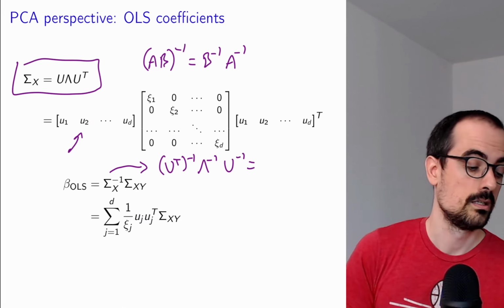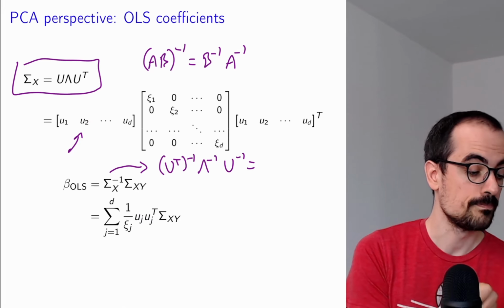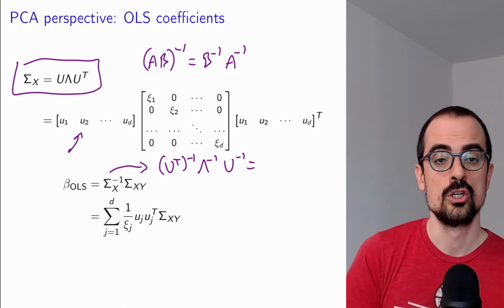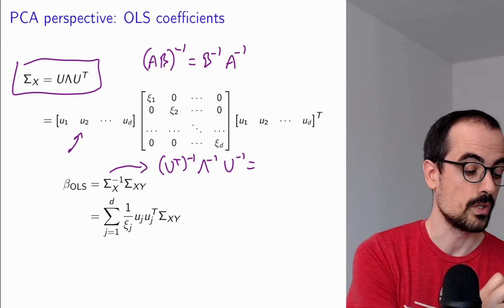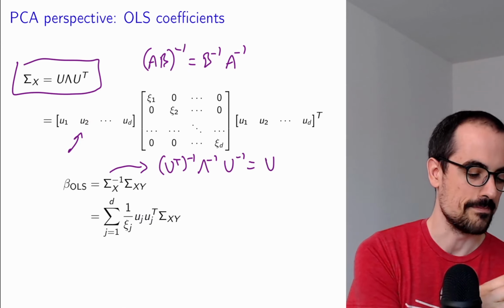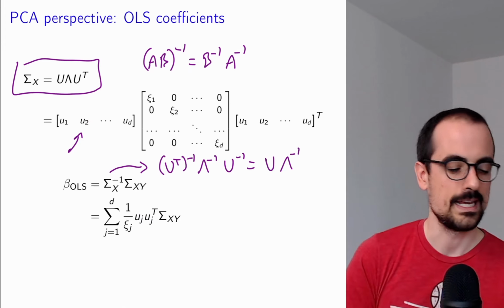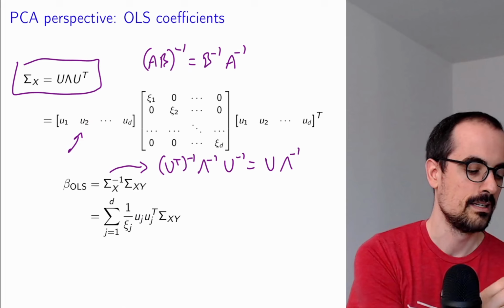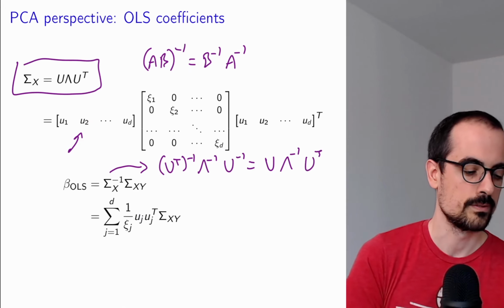Because of that, U transpose is the inverse of U. Or rather, the inverse of U transpose is U, is what I meant. We have the inverse of lambda, and then we have U transpose.